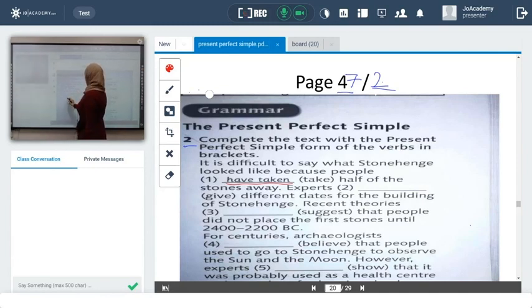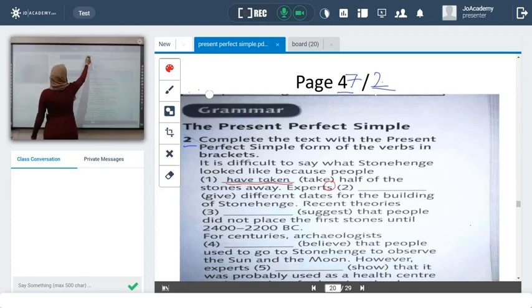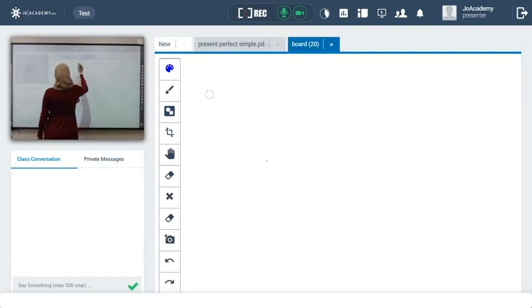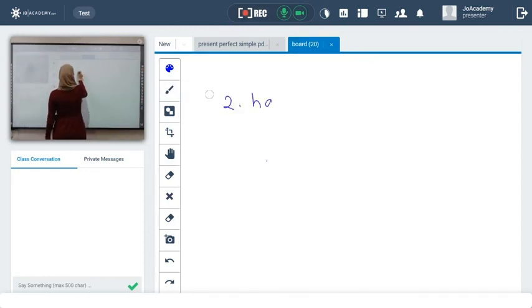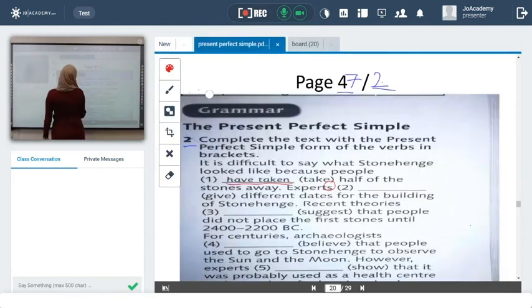Experts give different dates for the building of Stonehenge. Experts, what do we say here? It's a plural noun. We can say experts. Very good. Have, what's the word again?